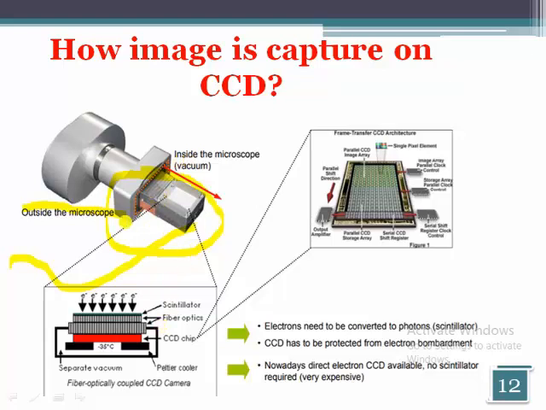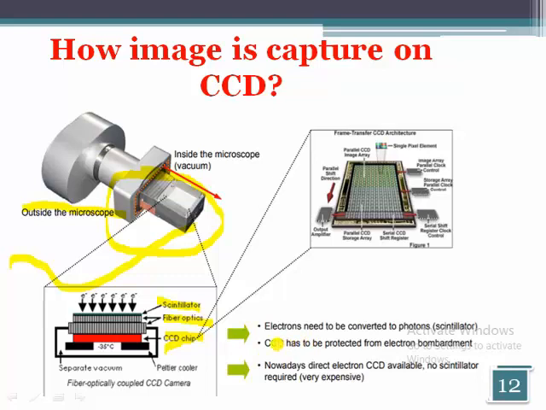Now if we see the zoomed image of this part, this is our CCD chip, you can say. So the main part of this is the CCD chip. Then fiber optics are there and a scintillator is there. So our interest is the CCD chip.